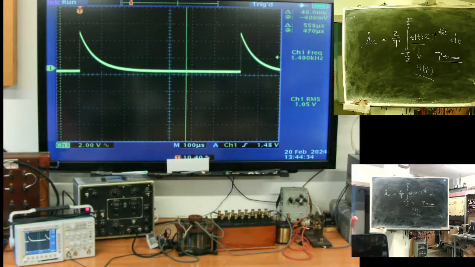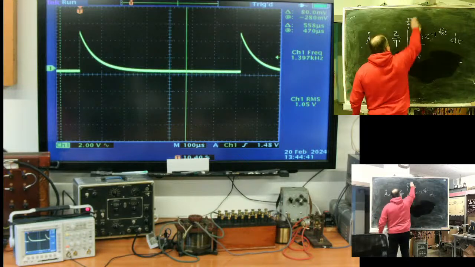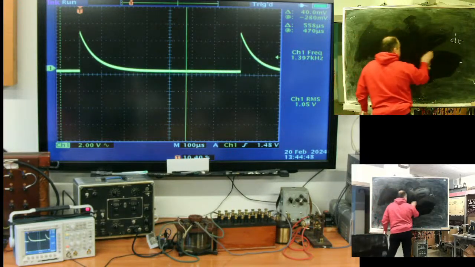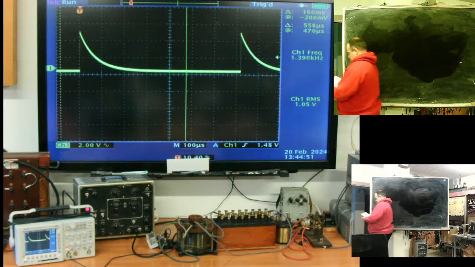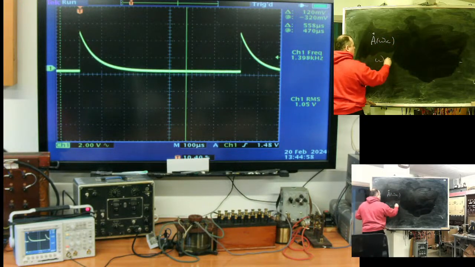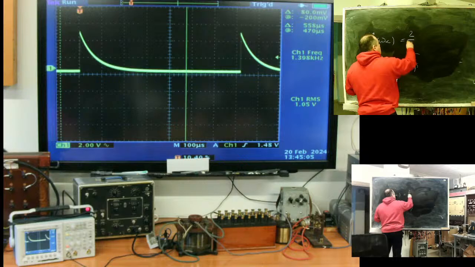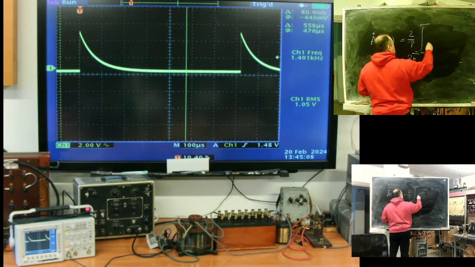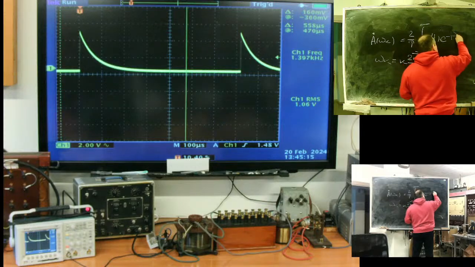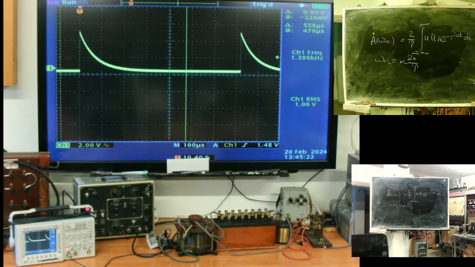If so, what can I write? At omega k, where omega k is 2 pi divided by period, 2 pi divided by time, integral from minus infinity to infinity, f e to the power minus j omega k t.